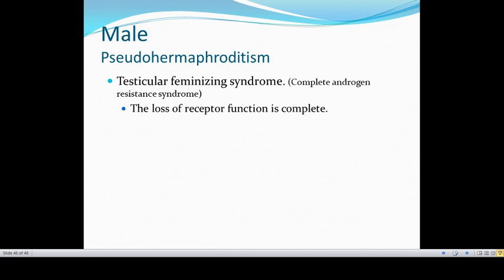Testicular feminizing syndrome or complete androgen resistance syndrome results when the loss of receptor function is complete. This is another form of male pseudohermaphroditism.